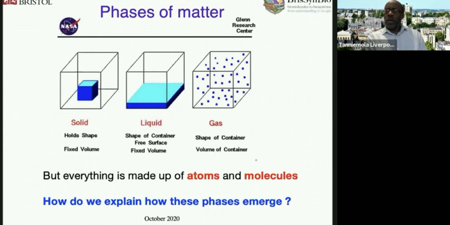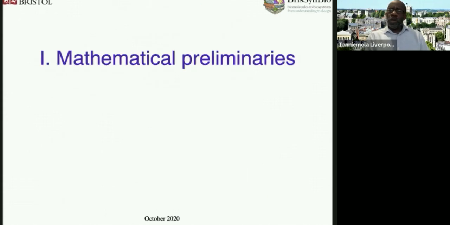And when I say explain, I mean we need to precisely describe how these phases emerge. And in order to do that requires some mathematical analysis. So let's, to get started, develop some mathematical notions that we'll need.